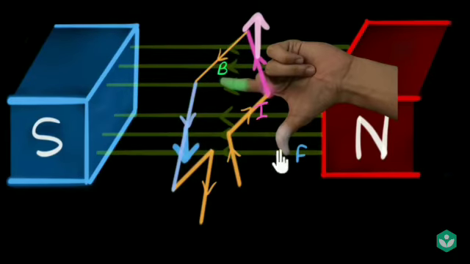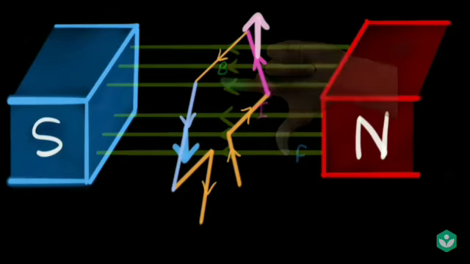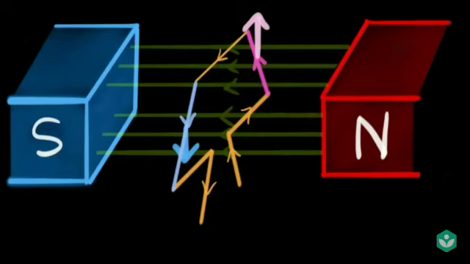So the force over here will be downwards and the force over here will be upwards. And if you are wondering how we can change the current just like this, we'll see how to do that a little bit later. But the most important thing over here is the position. We have to change the direction of the current.